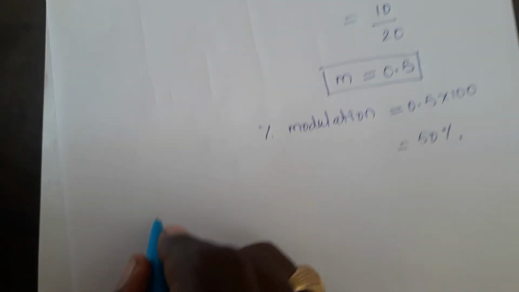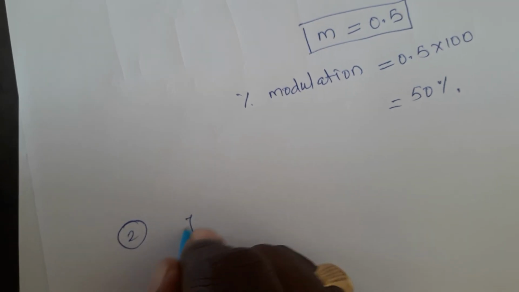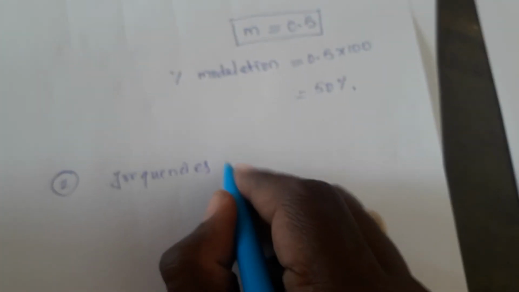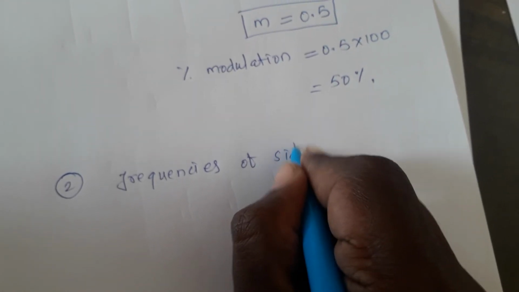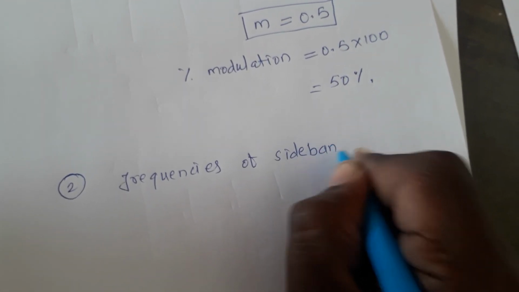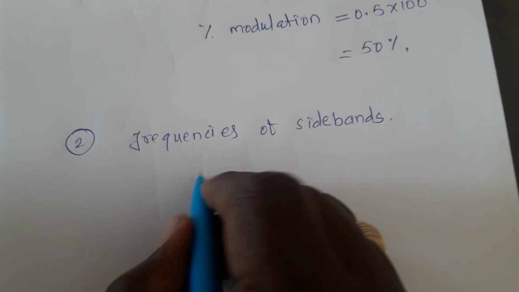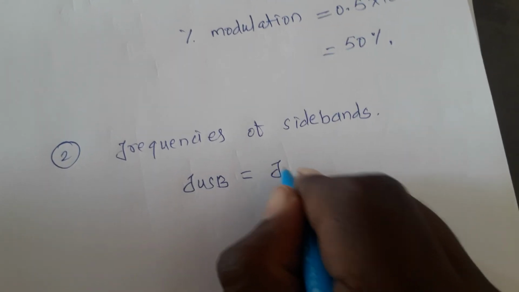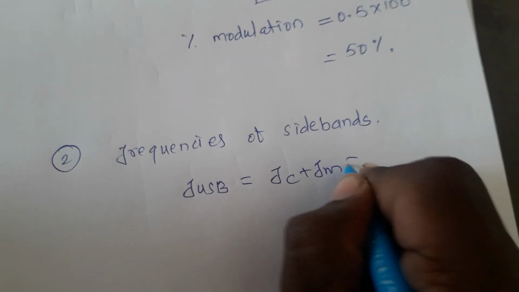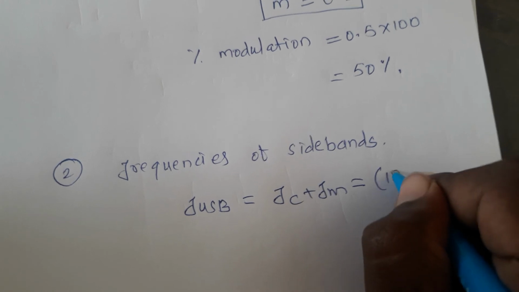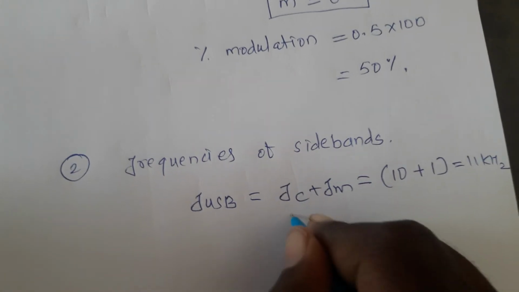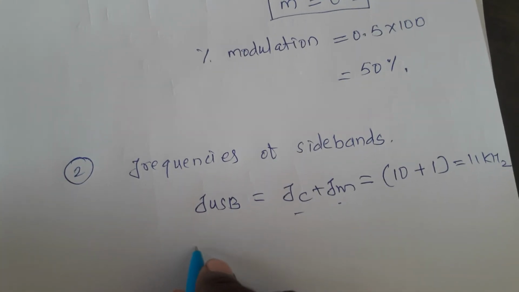Similarly, now our second step is to find the frequencies of sidebands. So FUSB is equal to FC plus FM, which is equal to 10 plus 1, that is 11 kilohertz, because we know the value of FC and we know the value of FM.